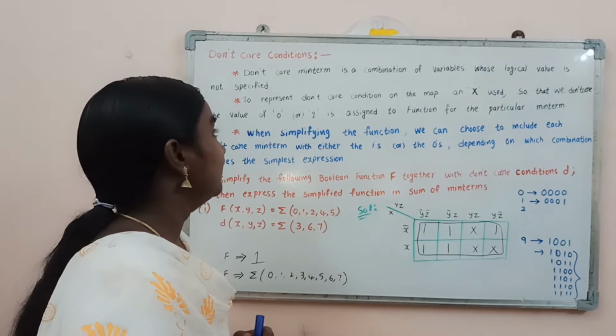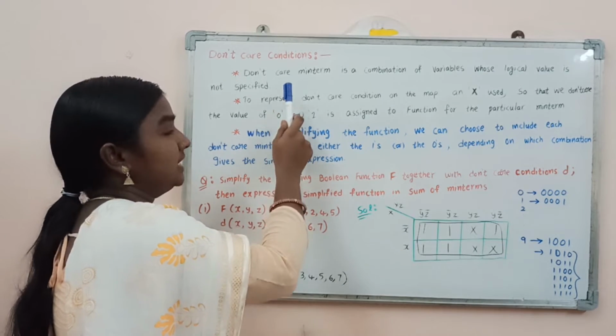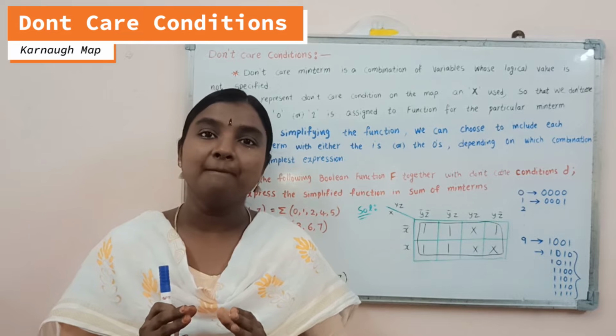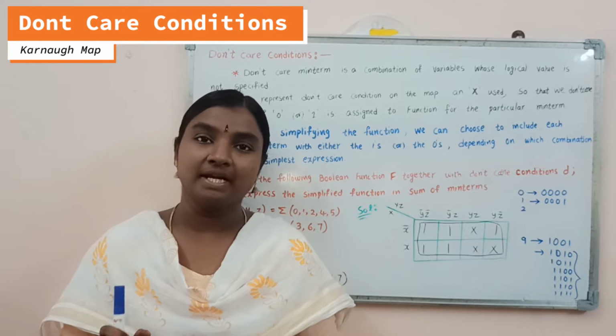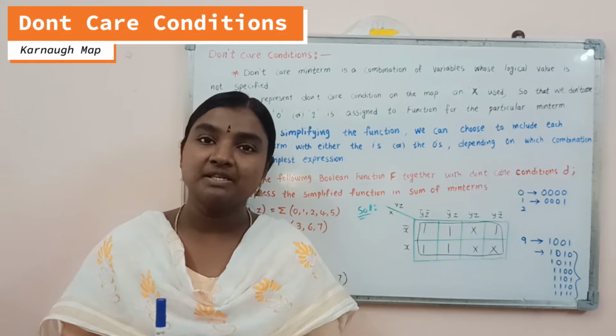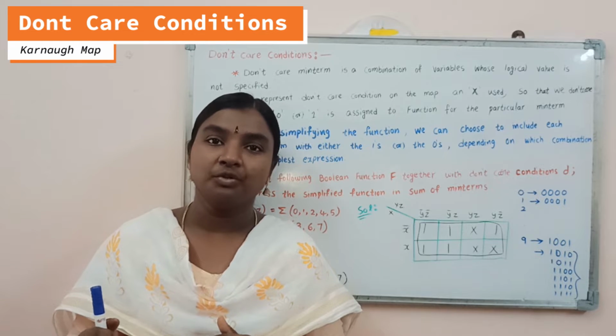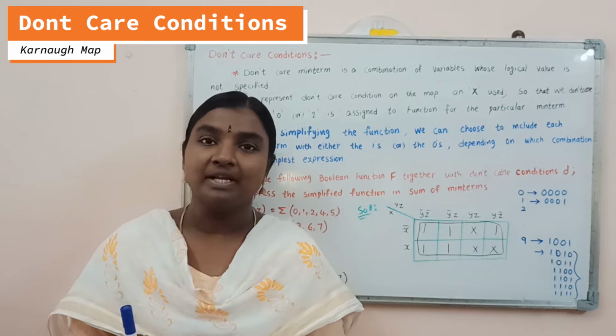Now coming to these don't care conditions, here also we are going to use some minterms as don't care conditions, like unspecified minterms. For those minterms, we may use them as a 0 or as a 1 according to our requirement.